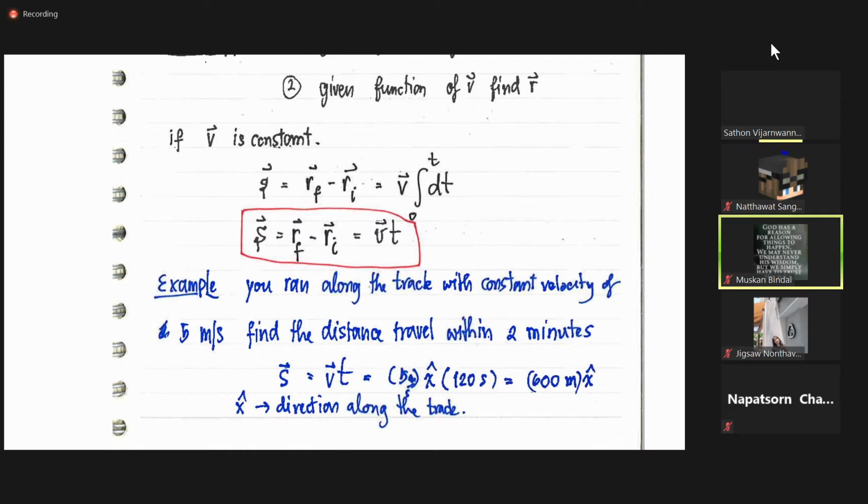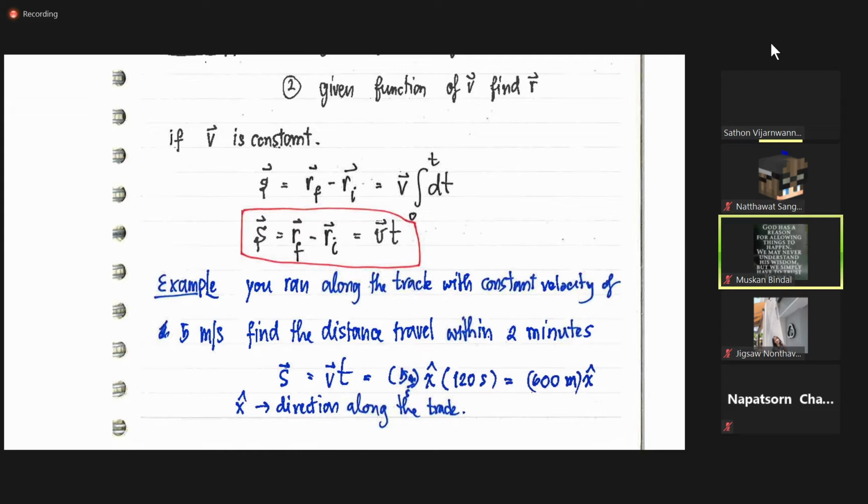So in this case, they ask for a distance, so you don't have to have a vector sign here. With constant velocity, that means direction is constant and the magnitude is constant.